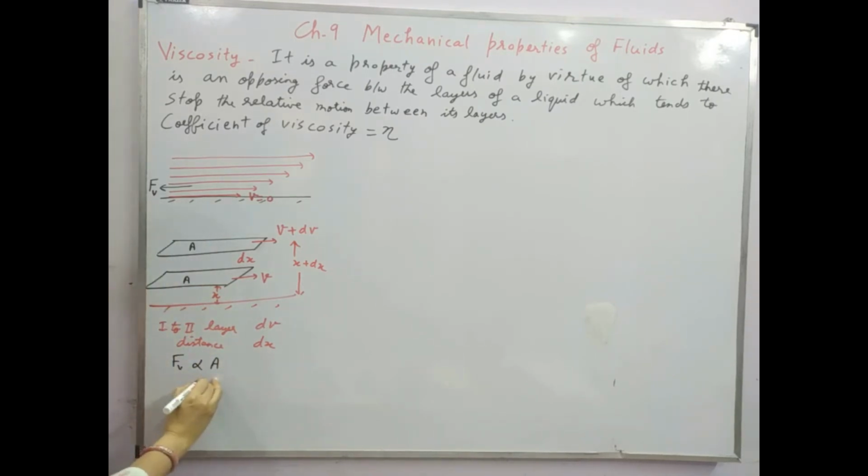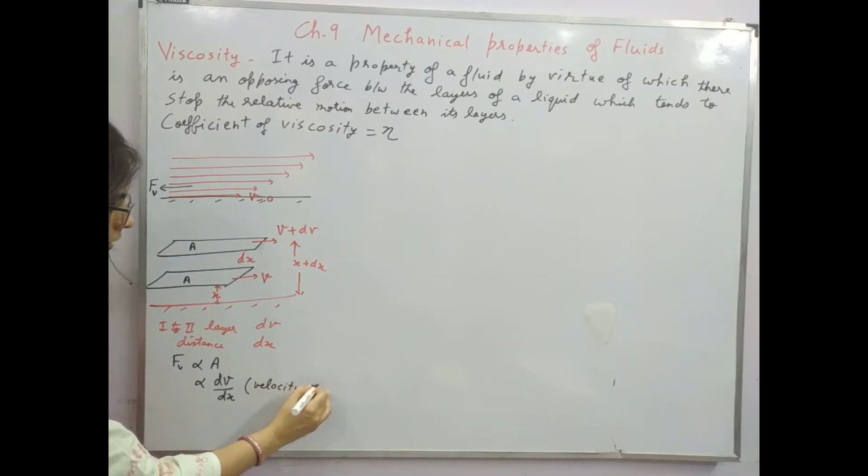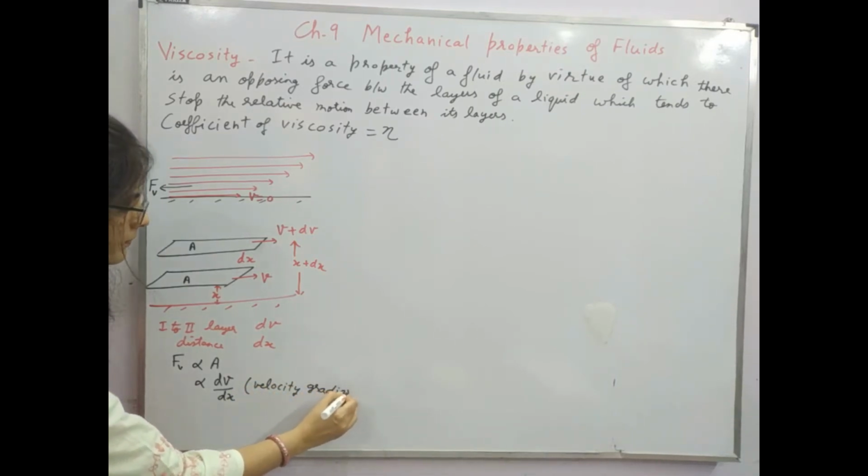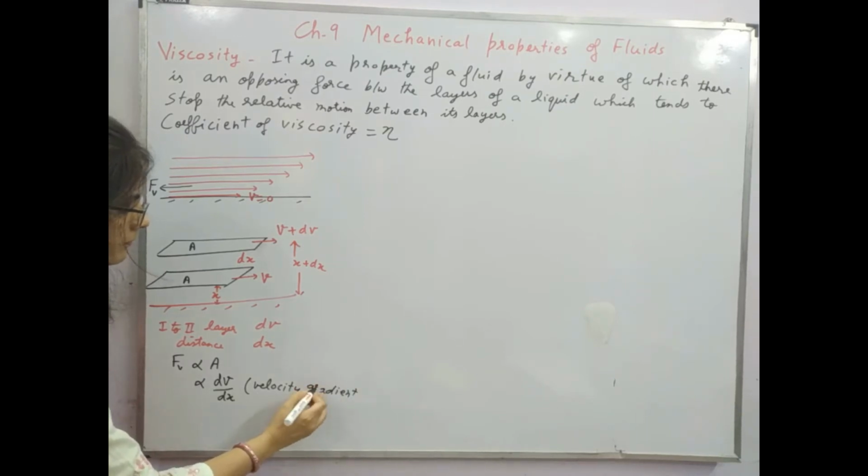It is observed that the viscous force is directly proportional to the area of the layers in contact, right? It is directly proportional to the rate of change of velocity with distance in a direction perpendicular to the surface. This variation of velocity with distance in a direction perpendicular to the surface is called the velocity gradient, right?